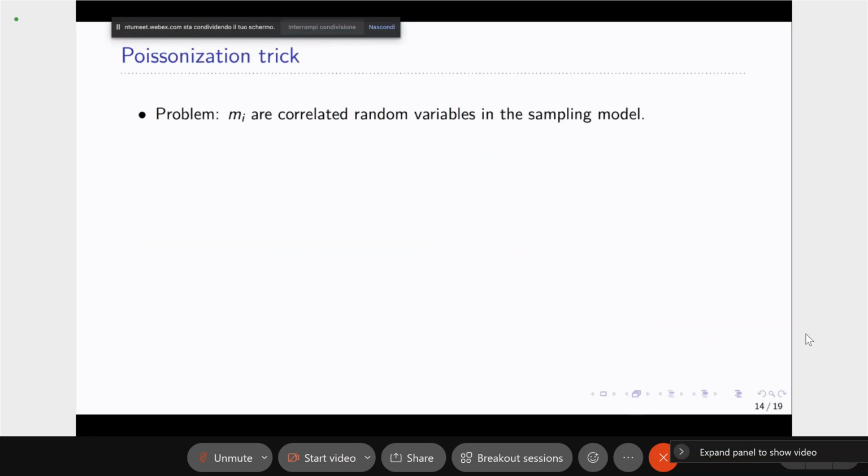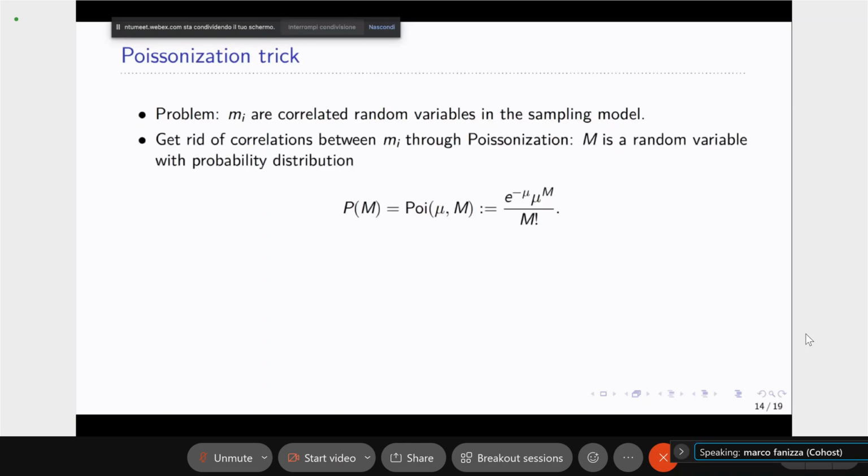The problem here is that the m_i are correlated random variables in the sampling model. Therefore, it is a complication in the calculation. So to prove the upper bound by getting rid of the correlation between the m_i, the trick is to use Poissonization.